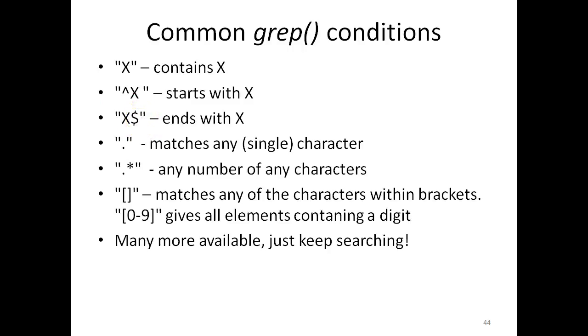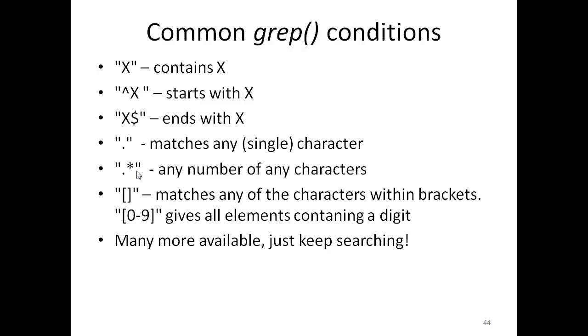You can also combine expressions into more complex expressions, and then you might want to indicate that there has to be a character, any character, and that's indicated by a point. And the point indicates that you're looking for a single character. If you instead would accept any number of characters, any characters and any number of them, you would write point star.